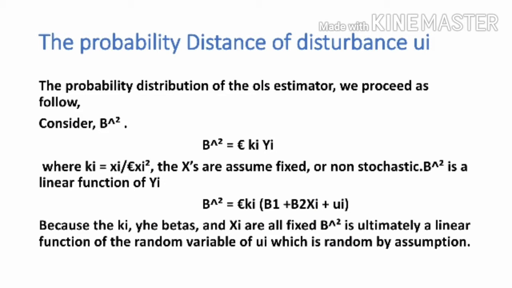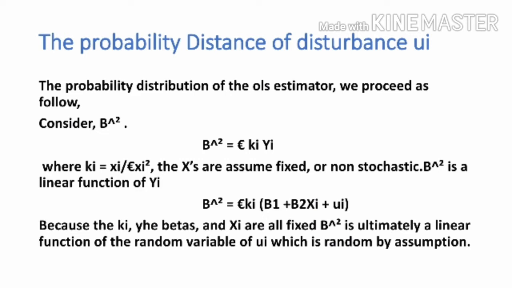Formula: beta hat 2 is equal to the summation of ki yi, where ki is equal to xi divided by the summation of xi square. The x's are assumed fixed and non-stochastic. Beta hat 2 is a linear function of yi. Beta hat 2 is equal to the summation of ki times beta 1 plus beta 2 xi plus ui.